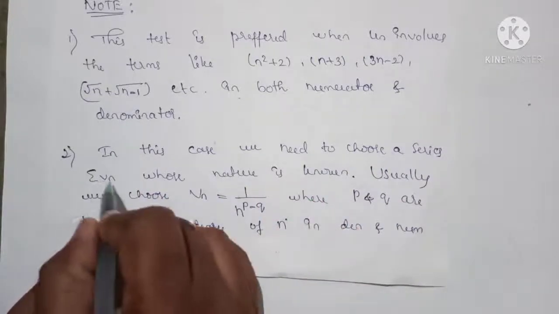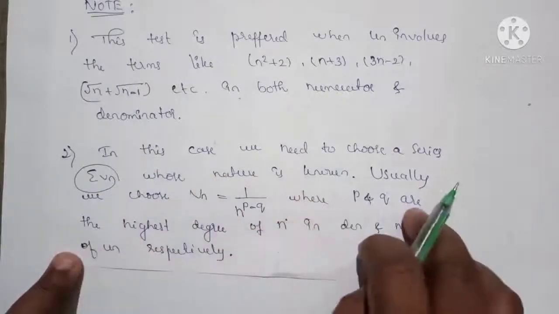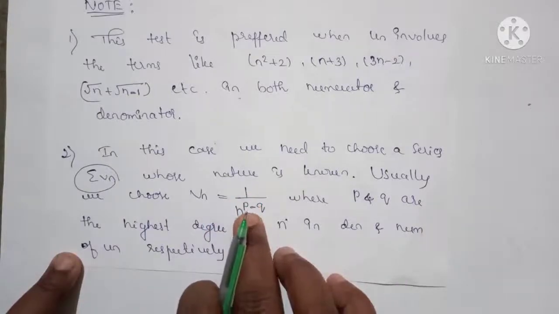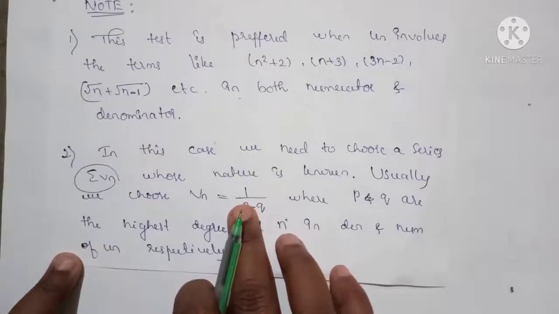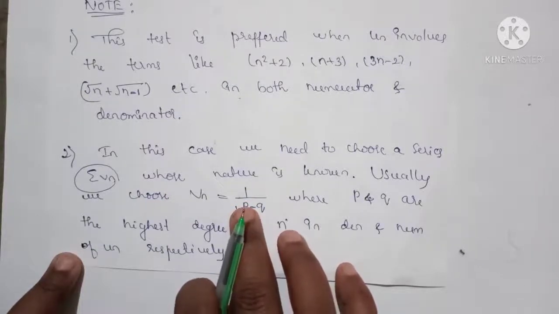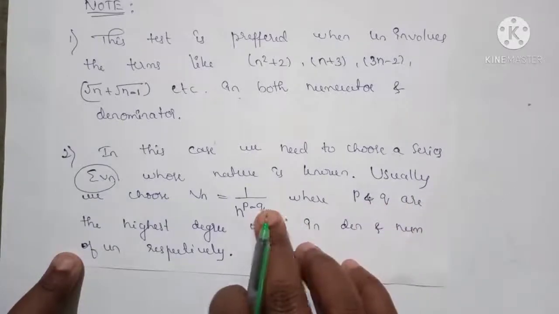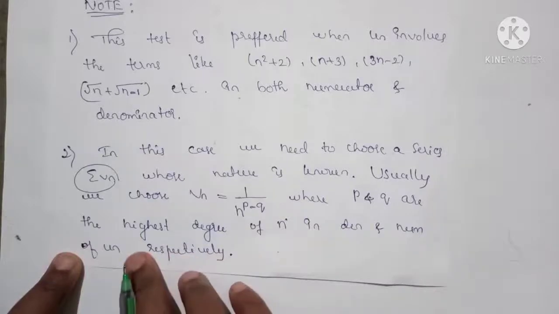Usually we use vn equal to 1 divided by n raised to p minus q, where p is the highest degree of n in the denominator, and q is the highest degree of n in the numerator.